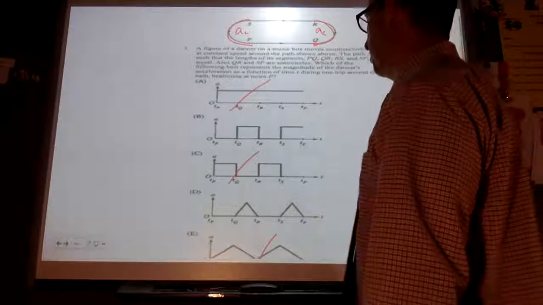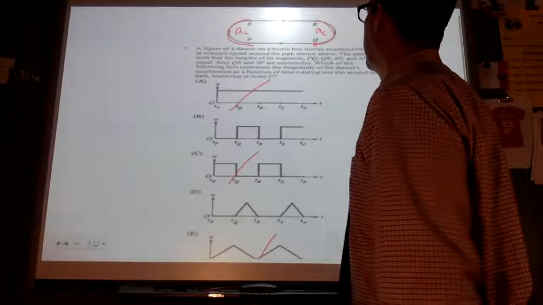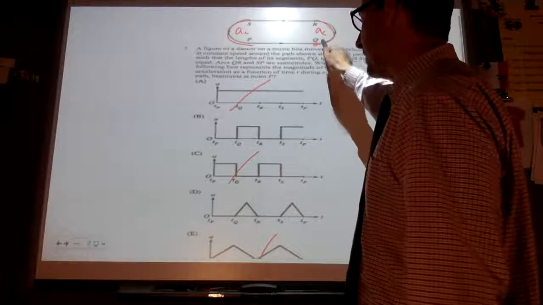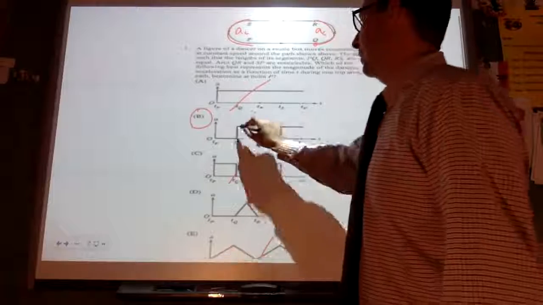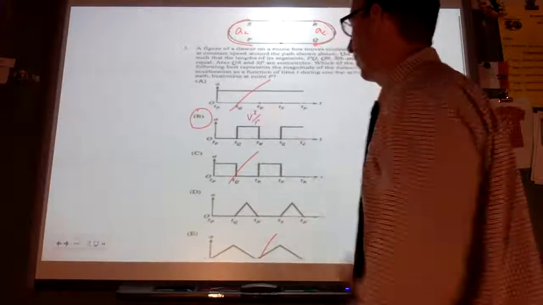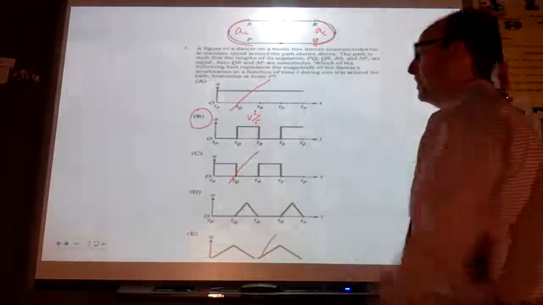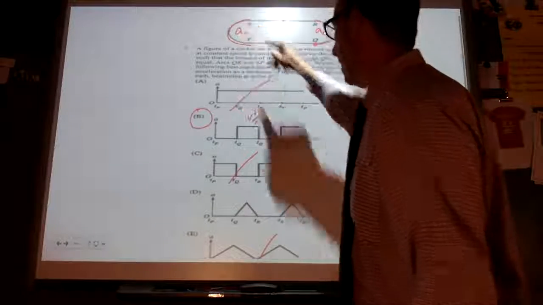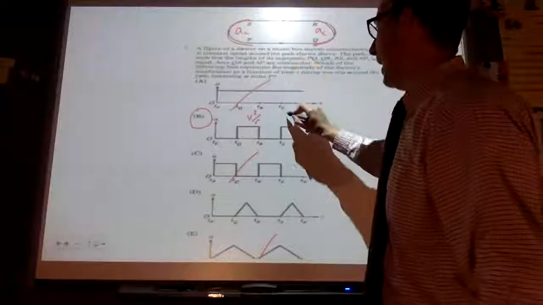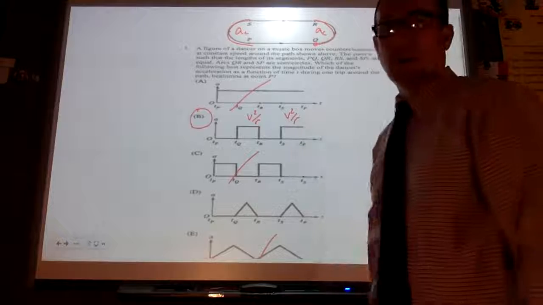And then as soon as it gets to Q, it's going to immediately have that acceleration, and this is going to be v squared over r. The r is constant and the speed is constant. Then we get to R, it's going to be nothing. And then we get back to S, it's going to be v squared over r.